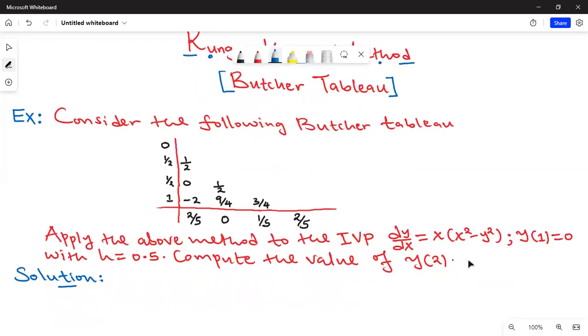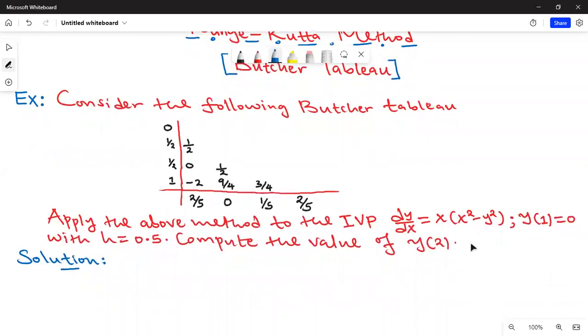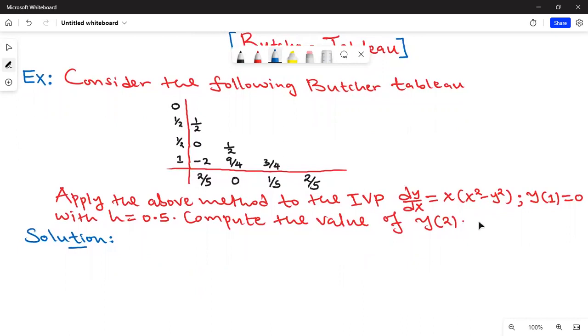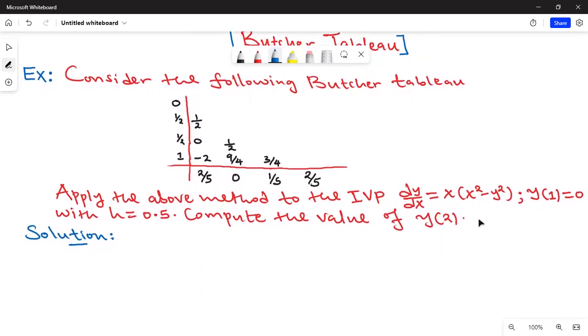So let me tell you how to interpret this table to be able to obtain the values of k1, k2, all the way up to k4, and also the value of k. From the given table, on the left side of the vertical column, those are the coefficients of h.